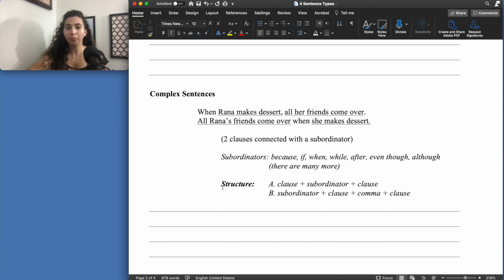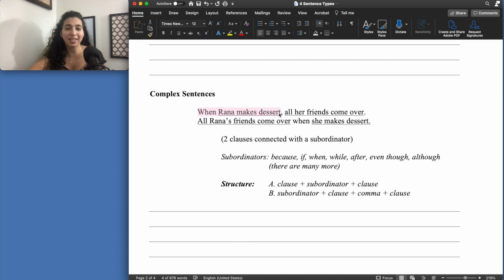For example, when Rana makes dessert, all her friends come over. When Rana makes dessert, that is a dependent clause. However, Rana makes dessert, that's an independent clause. But because we have a subordinator in front of it, that makes it a subordinate clause, which means that it doesn't stand by itself.